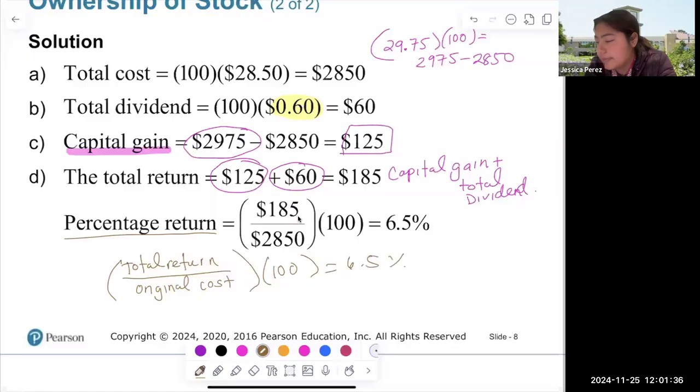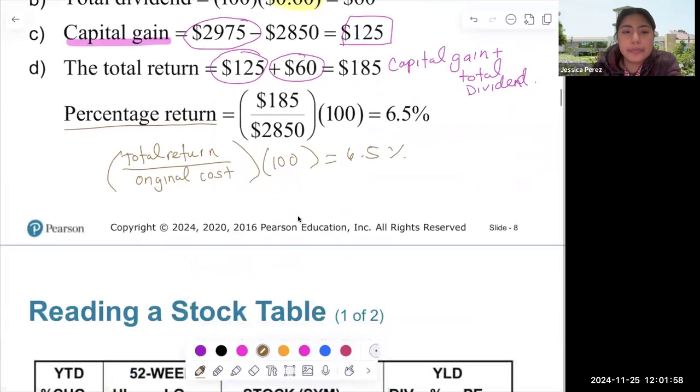That gives me 6.5%. That is the percentage return. Okay. So actually you're getting money from this share because the price increased. You got a capital gain of $125. You have a total return, and you have to look at the percentage return.